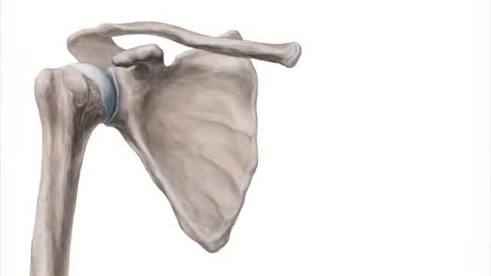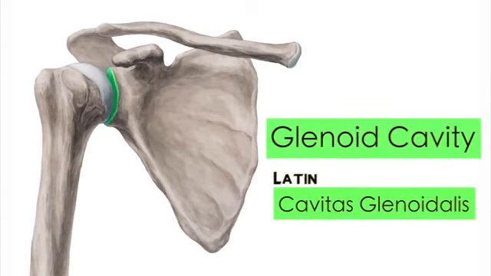The next structure that we're going to talk about is known as the glenoid cavity, highlighted in green. This is a very important surface located laterally on the scapula, and this surface will articulate with the head of the humerus, as you can see here on this image, and of course a very important articulation happening in your shoulder joint.